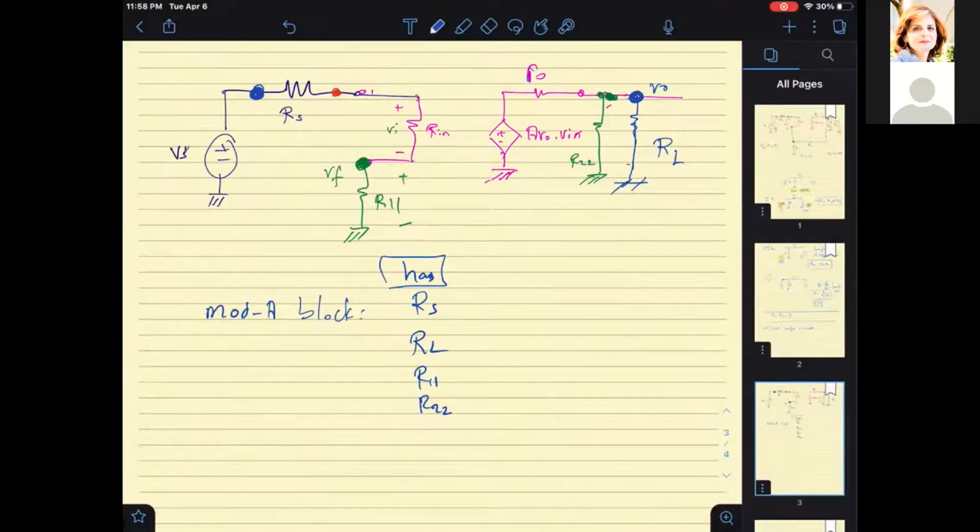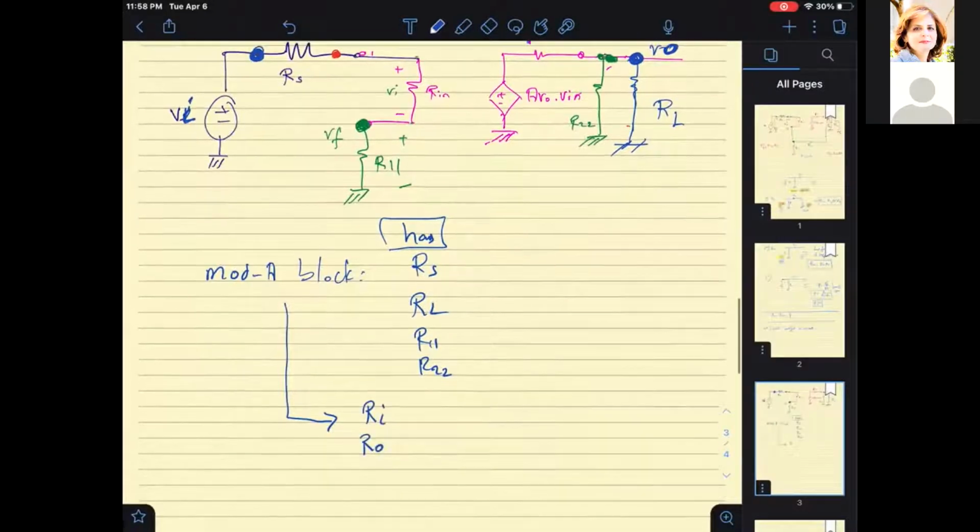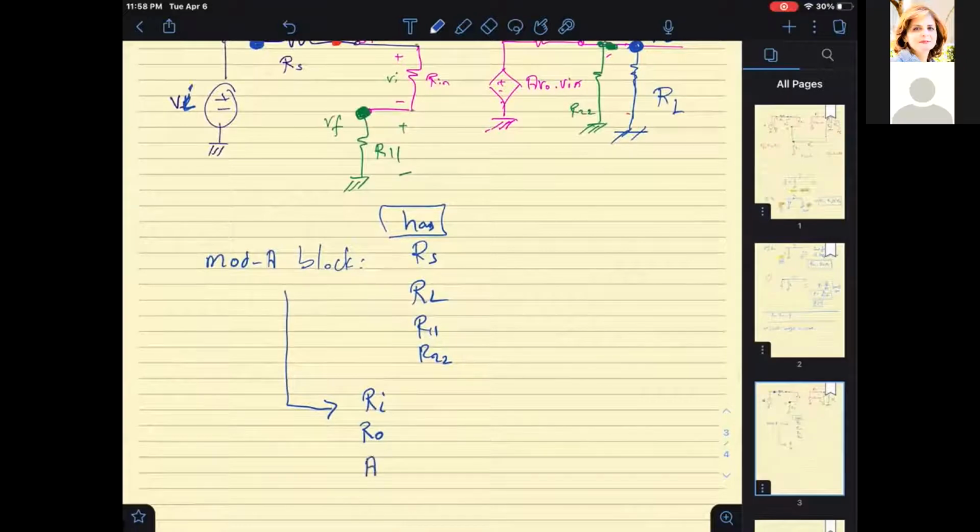For the modified A block, we're going to call this Vi, and we are going to call this Vo. Now we want to find its Ri, its Ro, and its gain, which is Vo over Vi.